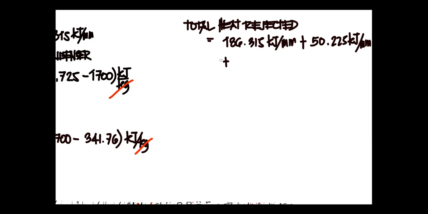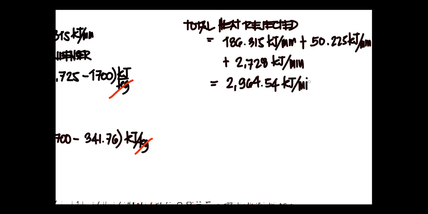Then plus the water to cool our condensing unit, 2,728 kilojoule per minute. Summing up all that, we have the value of 2,964.54 kilojoule per minute.